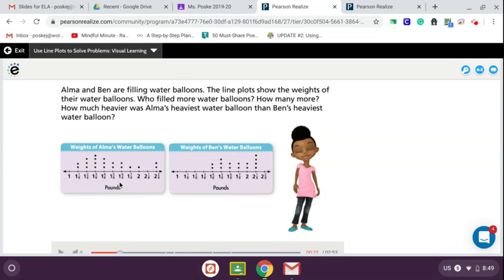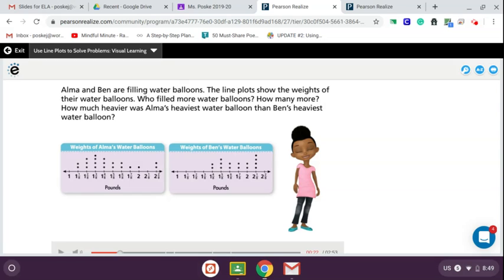And the numbers down below are the pounds. How heavy was each water balloon? You start from 1 pound and the ending goes to 2 and 2/8. One is here because we always have to start our line plots at a whole number. Remember, lines start at 0, but it's not listed, and that's okay.